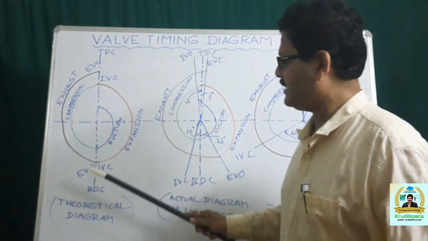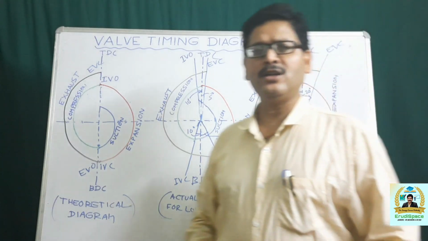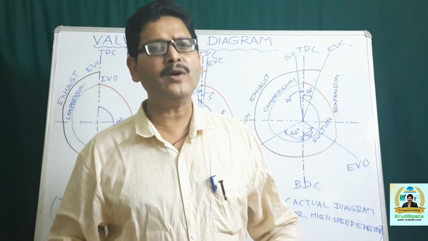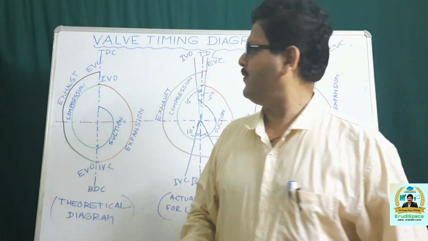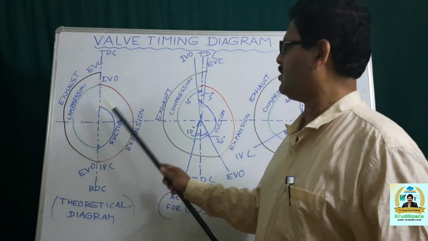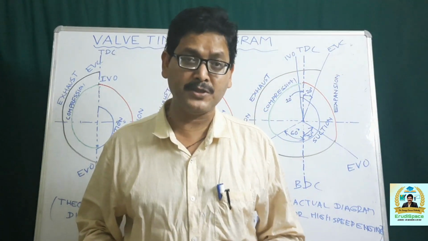That means it is opened at bottom dead center and is closed at top dead center. So theoretically, there is no overlap of both the valves. That means during the compression and your expansion stroke, both the valves are in closed position.